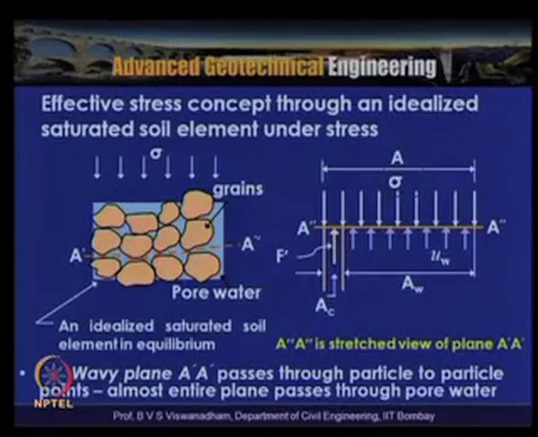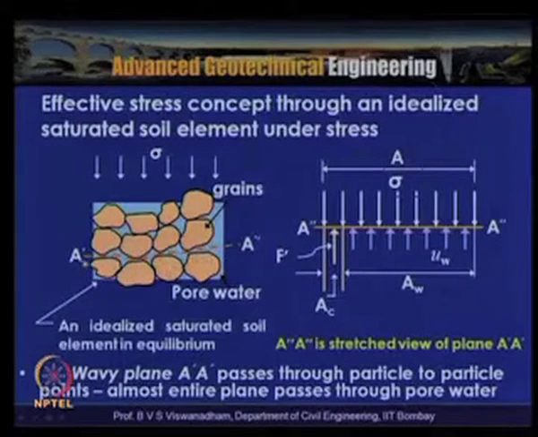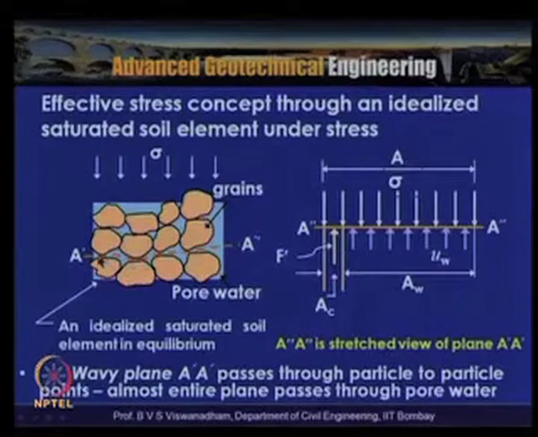The effective stress concept can be considered through an idealized saturated element under stress. In this slide, a cluster of soil grains is shown, and A dash A dash is the line passing through the voids. It is a wavy shape, because the line cannot pass through the pores like a straight line.